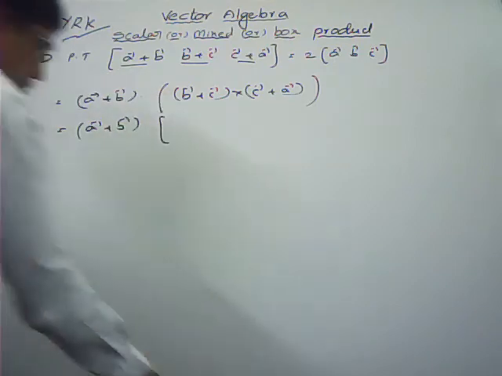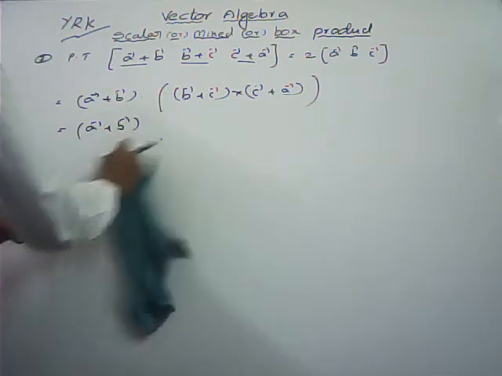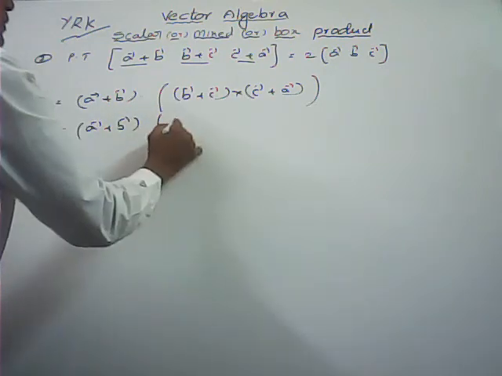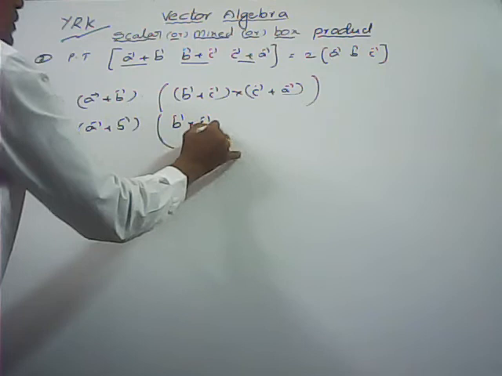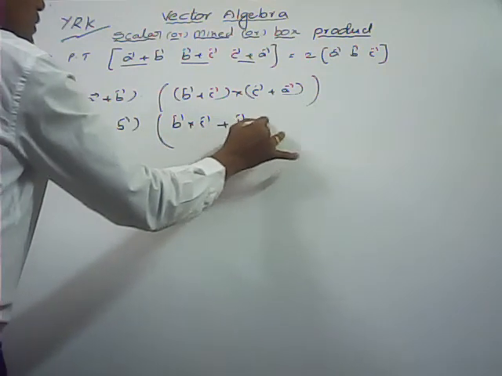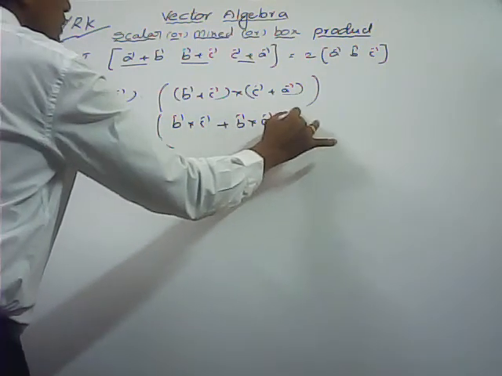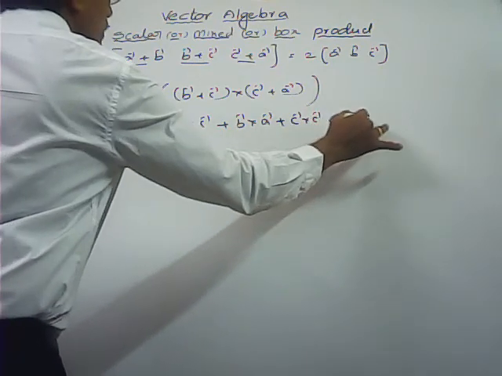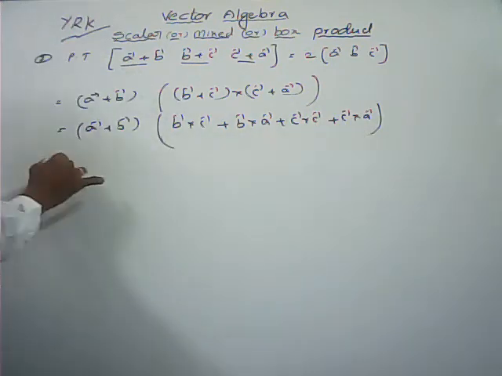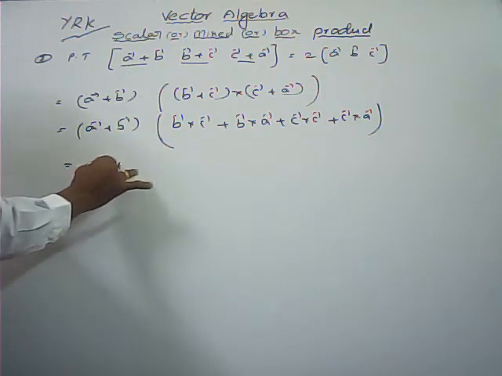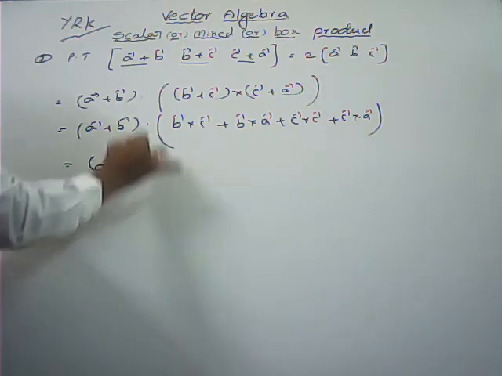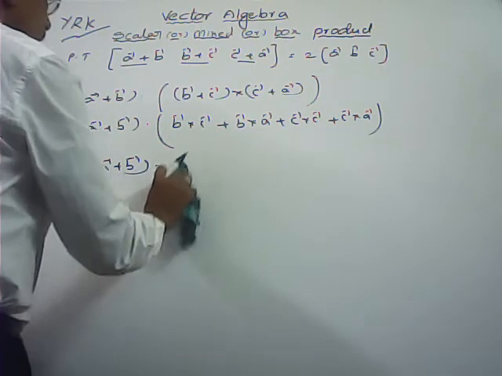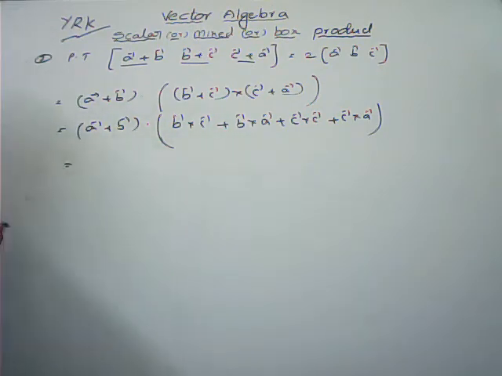Next here, what we are getting in this bracket? B bar cross C bar plus B bar cross A bar plus C bar cross C bar plus C bar cross A bar. A bar plus B bar dot. Now here again you can do the dot product.